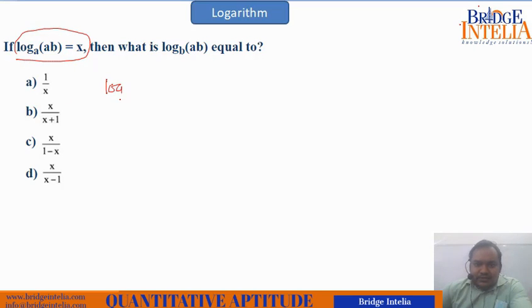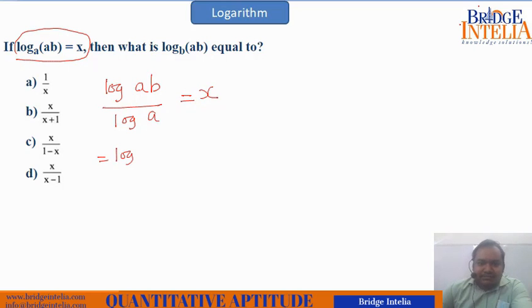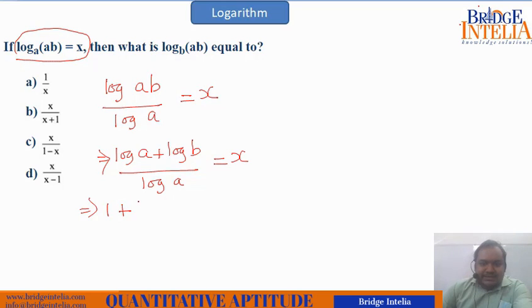Log AB divided by log A is given to us as equal to X. This can be written using the product rule: log A plus log B divided by log A is equal to X. So this can be written as 1 plus log B to the base A is equal to X. From here we can conclude that log B to the base A is equal to X minus 1.